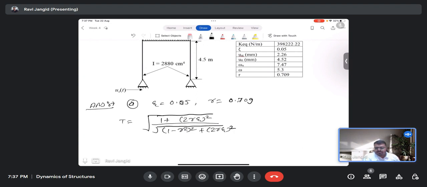In the next part, part B, find out the relative transmissibility, and then the relative displacement.